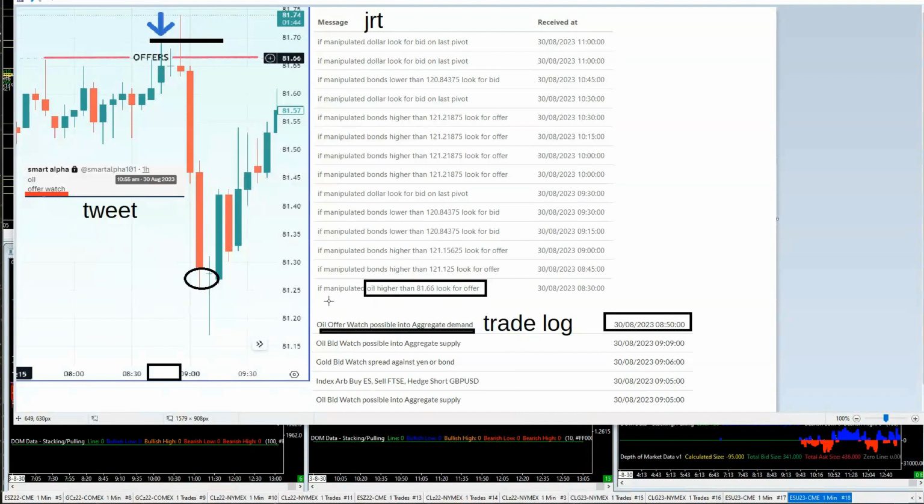And what does the oil trigger say? If manipulated higher than 81.66, look to offer the trade at 830. Here's 830 here. There's 81.66 there. And there's the break above the top line.